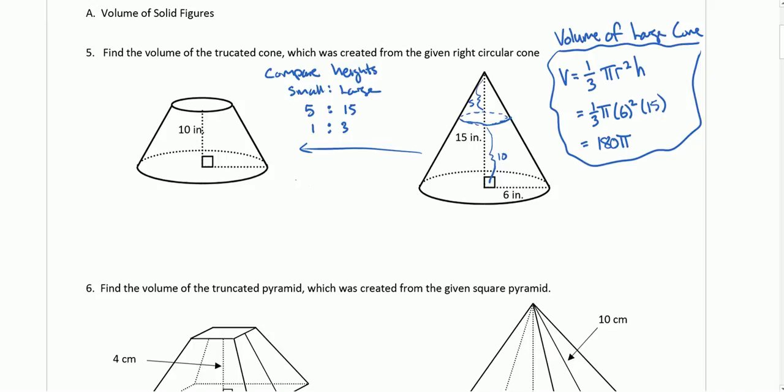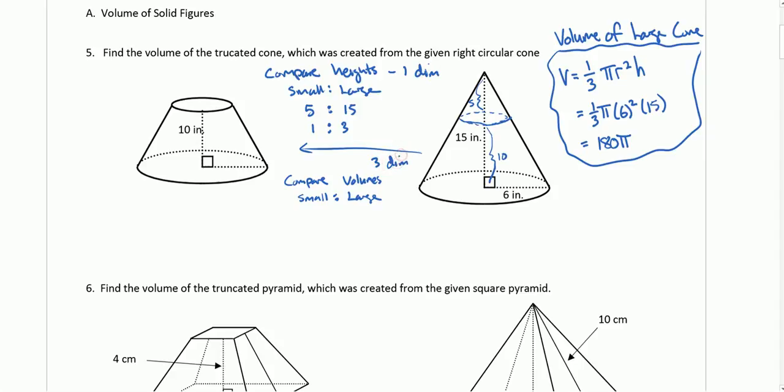So if we compare volumes, and we'll go small to large, well, heights are one-dimensional, volumes are three-dimensional.